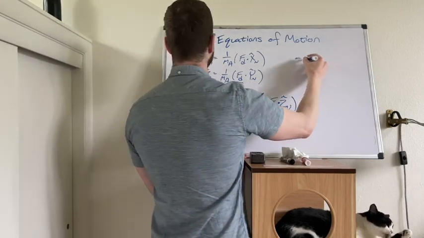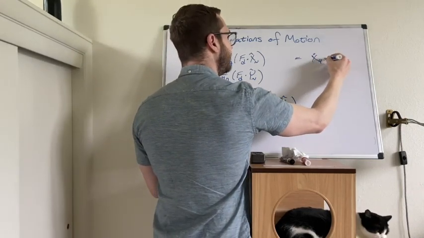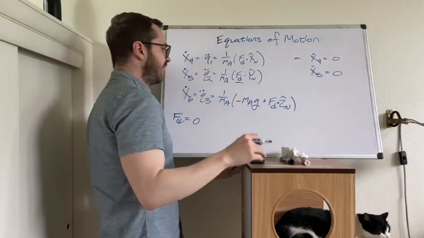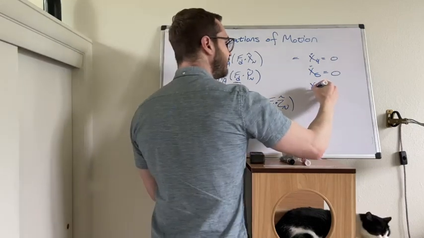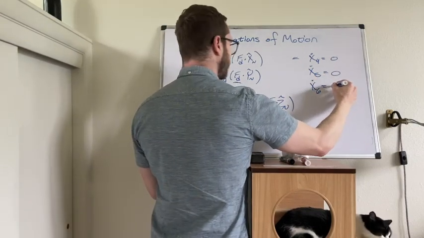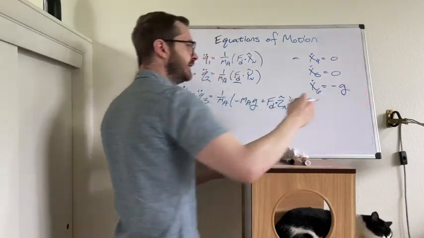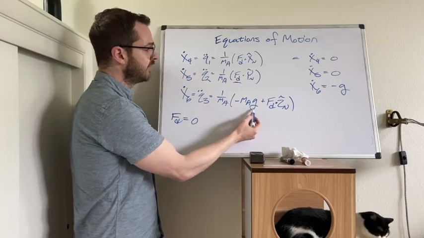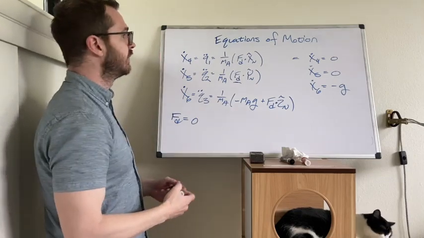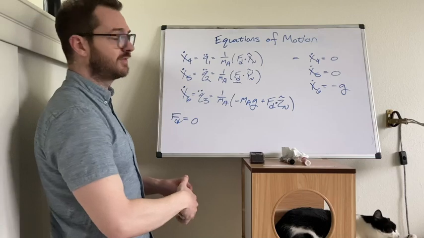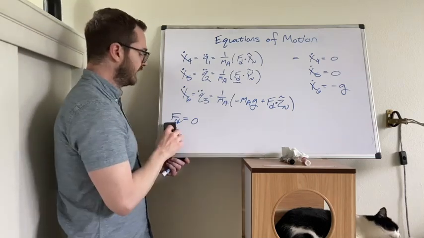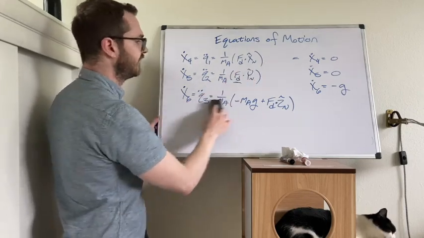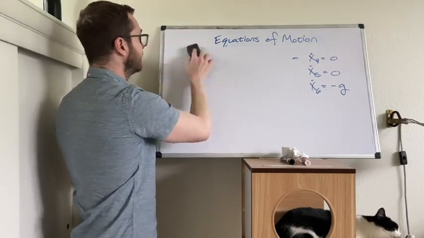Then clearly x4 dot is equal to 0. x5 dot is equal to 0, x6 dot is going to equal minus g, because the MAs are going to cancel, and then you're just going to be left with the acceleration of negative gravity. Well, if these are the solutions, then that makes it really simple. So doing something as small as setting aside friction allows us to analyze the system analytically.